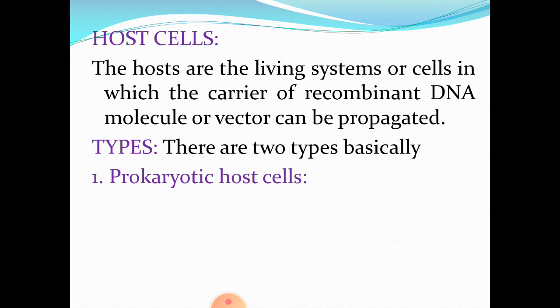Once your recombinant vector is ready, that means vector with the DNA insert of your choice, you have to put it into some cells, living systems, so that the vector along with your DNA insert is going to propagate in that particular host cell. Basically, there are two types of hosts depending upon whether you make use of a prokaryotic cell as a host or a eukaryotic cell as a host.